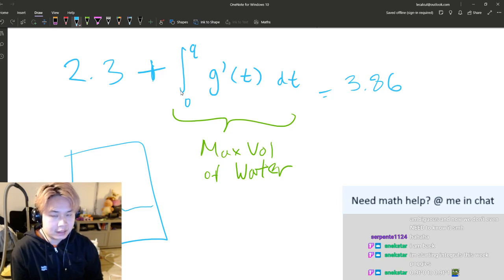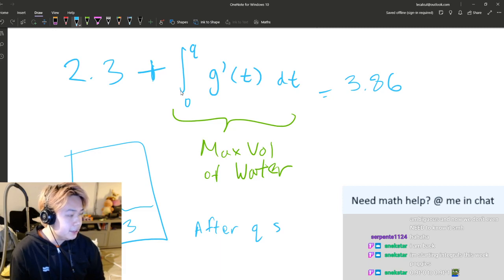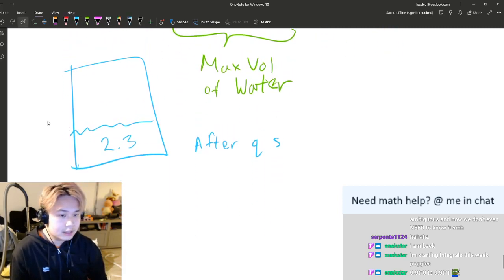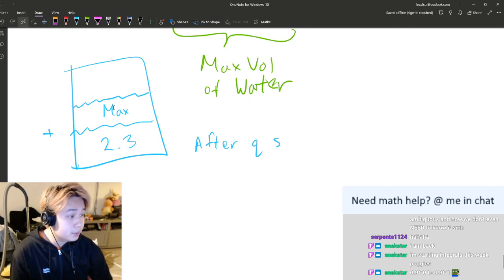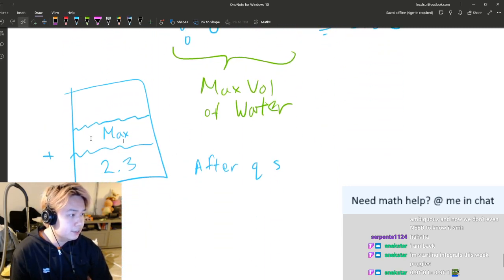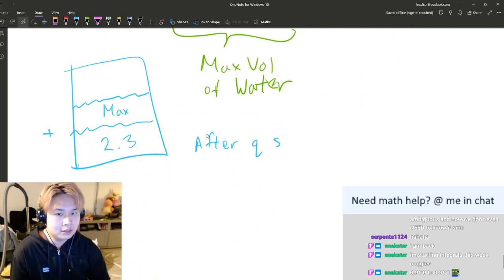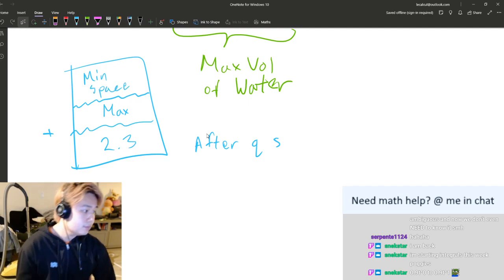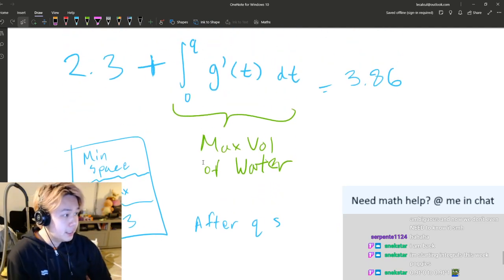So this is the starting amount, which is 2.3, and then after Q amount of seconds, we add how much water has been added in, which is this part. So now we've reached our maximum volume, which is our minimum empty space. And then I'm done.